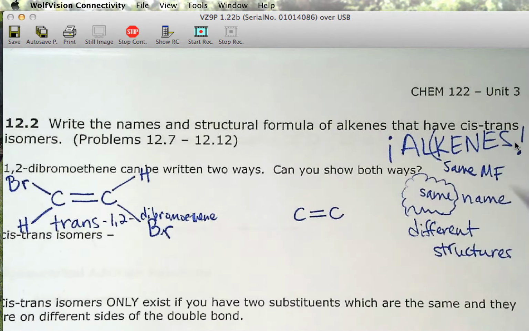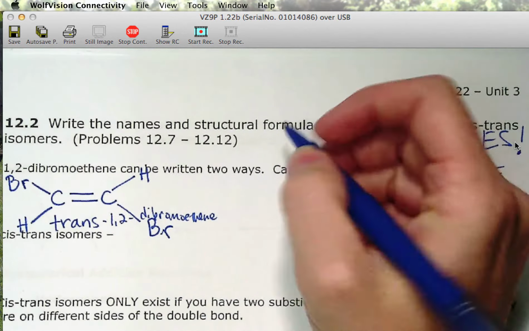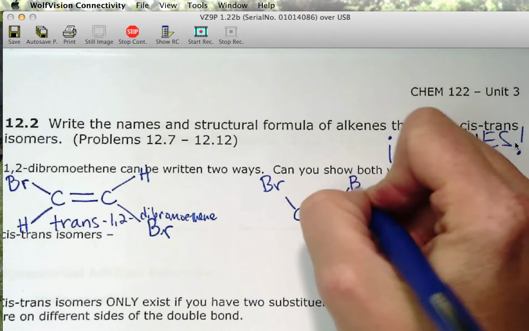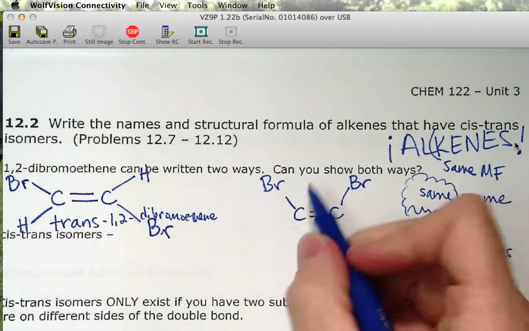The other isomer of 1,2-dibromoethene is cis. And if you think about sisters, most of the time they're close, right? I'm sure there are some examples where they're not close. This is cis.